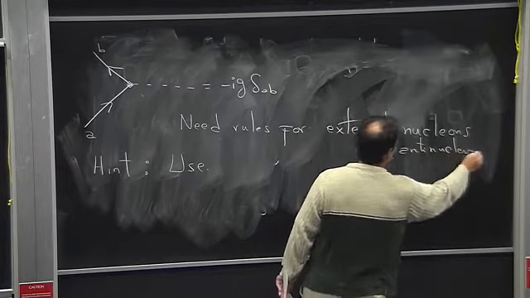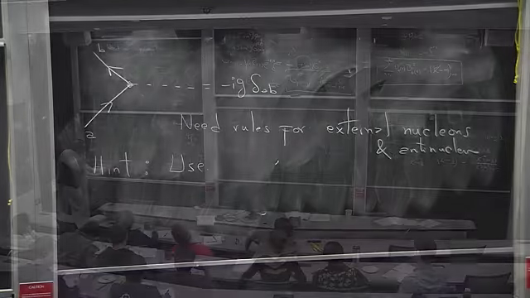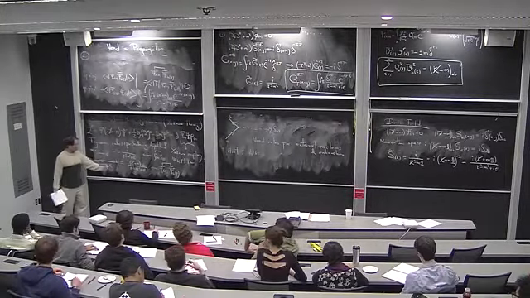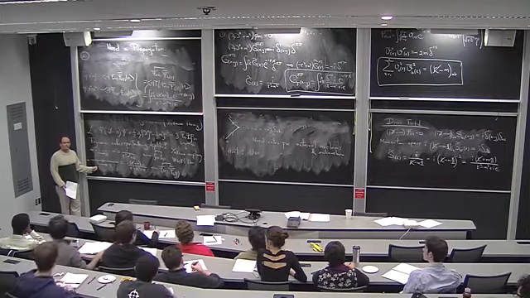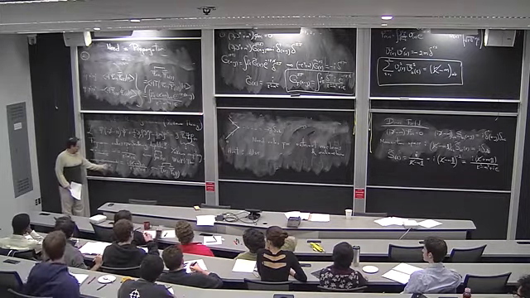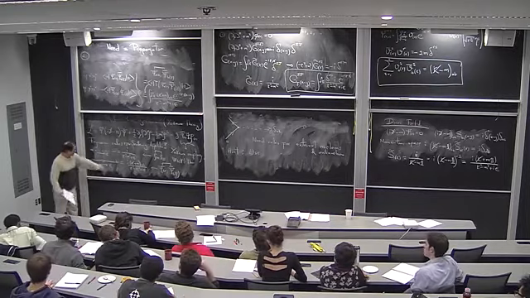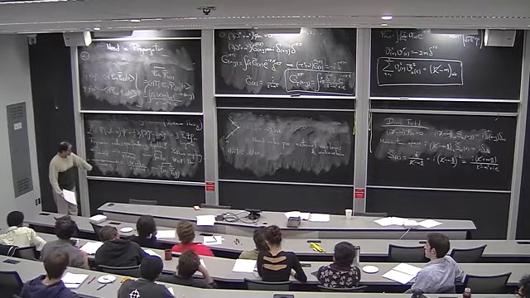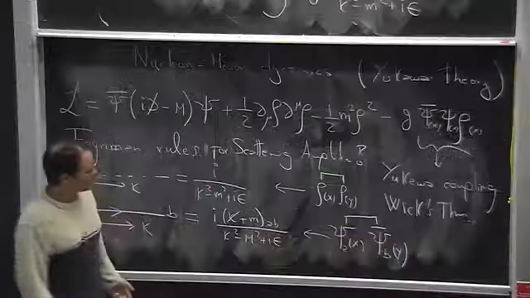And that reminded me that there is something I have to tell you, which is that here the momentum is k in that direction. What happens if I reverse it? If instead I draw a line where the momentum is flowing in the other direction, if I did it here, nothing happens. But if I do it here, guess what happens?